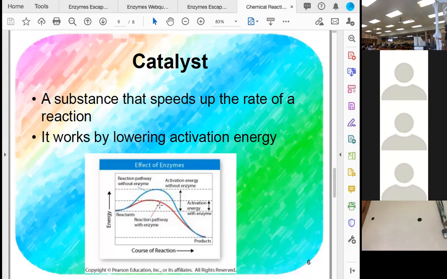The blue line, because it's higher up on the y-axis, right? So the blue line is the amount of energy required for a chemical reaction to take place without an enzyme. The red line is what happens when you mix in enzymes. So enzymes lower the amount of energy required for a reaction to take place. Is that good? Okay, any questions on Zoom?